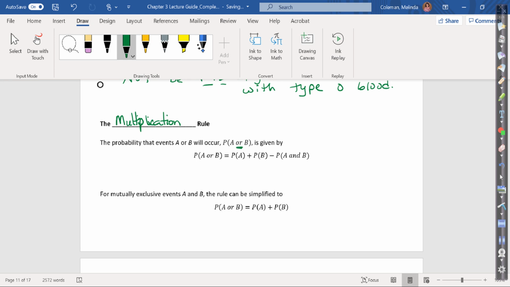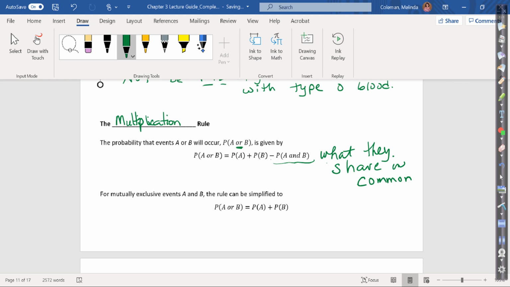The probability of A or B is equal to the probability of A plus the probability of B minus the probability of A and B, which is what they share in common. So we're going to subtract those out because we don't want to count them twice. They're going to be counted in either the probability of A or the probability of B, so we have to take out that piece that's in the center.